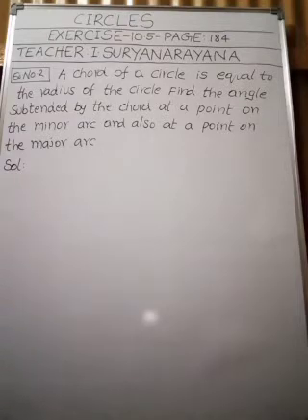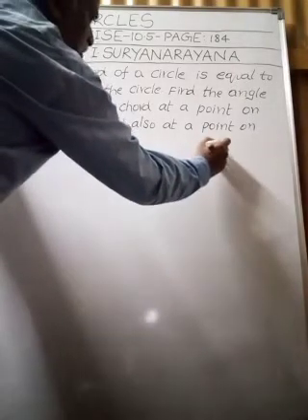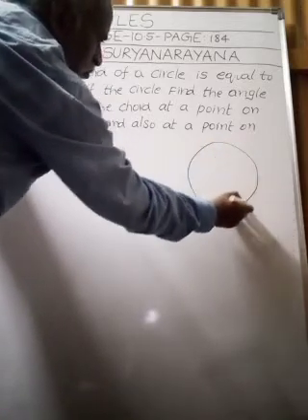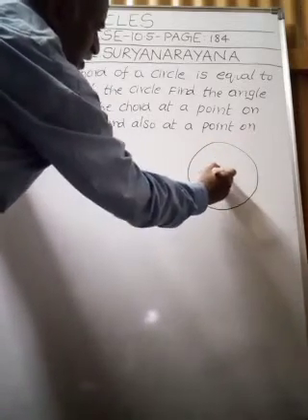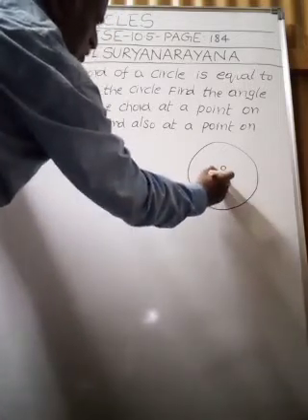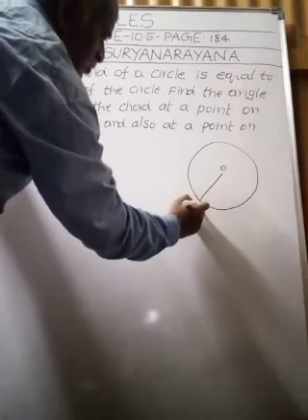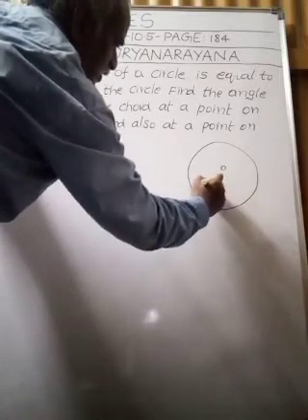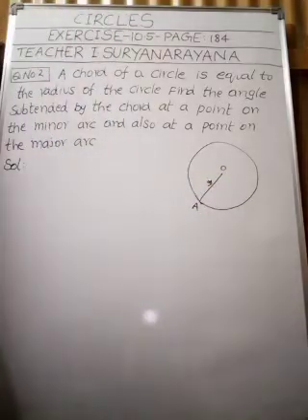Right. Now let us draw a rough diagram for this given data. Okay, my dear children? Right. Let us take a circle with the center O. Let us consider this is the radius of the circle.